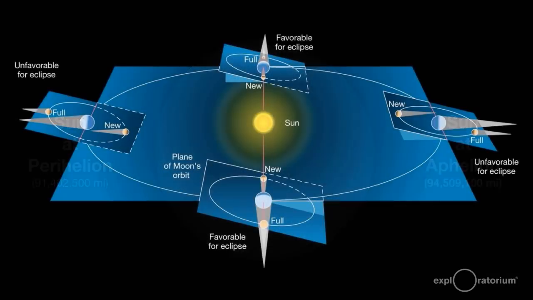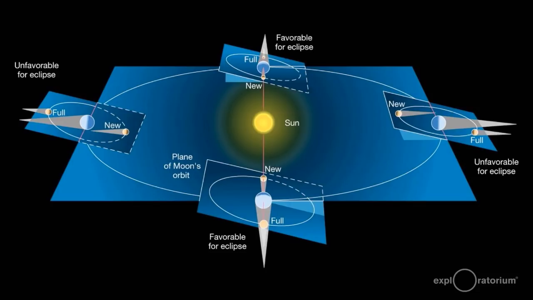Right. So if we look at kind of the outside view again, you can see here that the moon's orbit, those tilted squares, they're actually tilted about 5 degrees to the Earth's orbit around the sun, which is that large blue plane. And on the left and the right, the new moon and the full moon, actually the new moon's shadow passes over the Earth, so we don't get total solar eclipses, and the Earth's shadow passes over or under the moon.